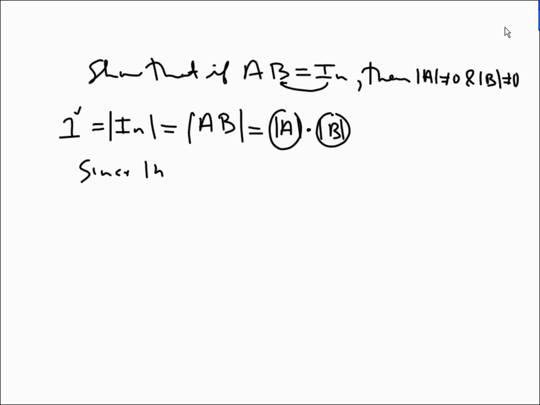Since the determinant of A times the determinant of B is 1, which is not 0, that implies that the determinant of A is not 0, and the determinant of B is not 0. You can't multiply two numbers and get 1 if one of those numbers is 0.